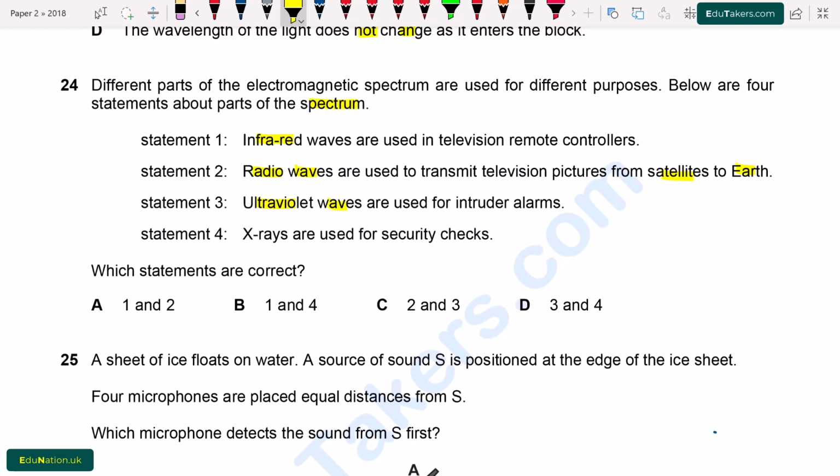Ultraviolet waves are used for intruder alarms. Statement 4. X-rays are used for security checks. So from here only statements 1 and 4 are correct, which shows that X-rays are used for security checks and infrared waves are used in television remote controllers. So option B is correct, which shows 1 and 4.